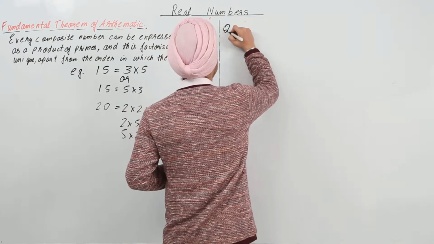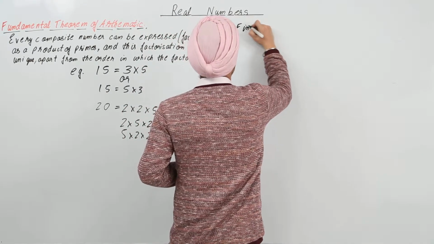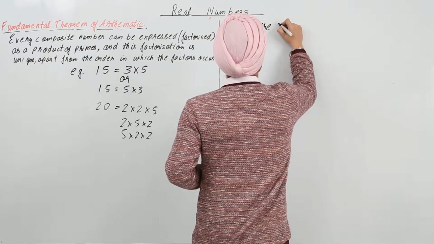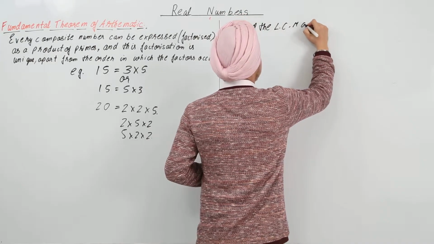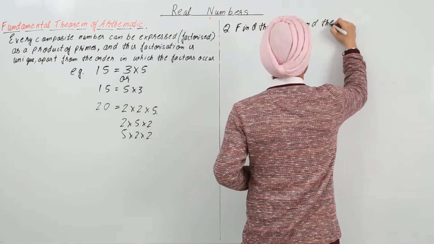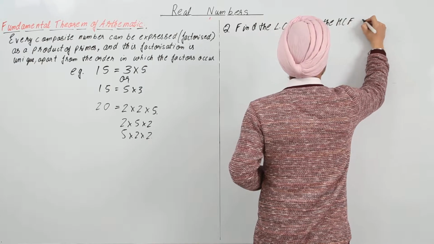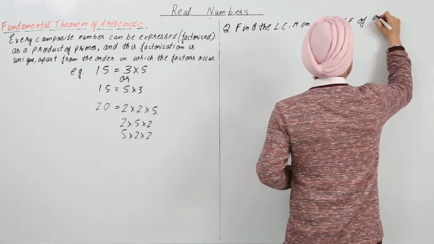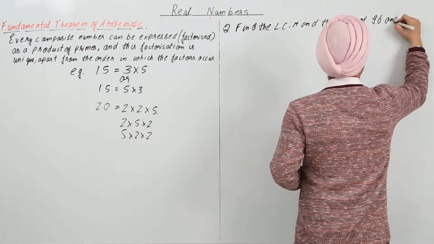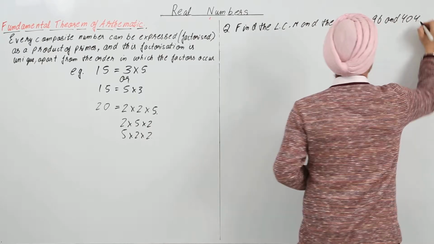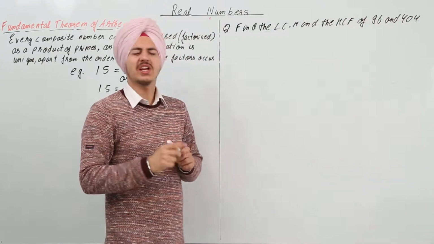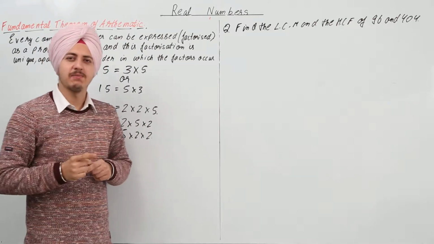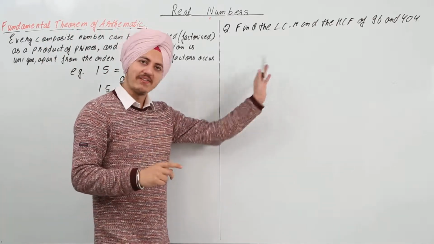The question over here says, find the LCM and the HCF of 96 and 404. Now in junior classes, we used to find the LCM of a number by the factorization method.